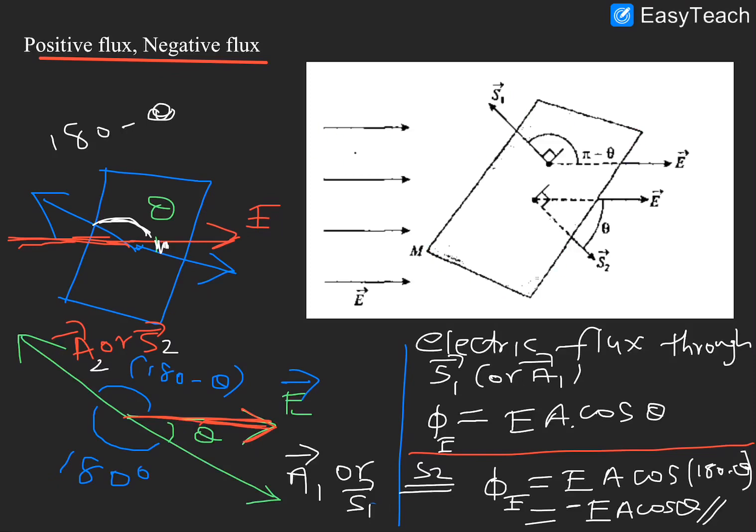Electric field lines are coming from this direction, so they are leaving through this direction. So those field lines which are leaving a surface are taken to be positive flux, and those flux which are coming inside the surface is taken to be negative flux. That is the convention. Fluxes leaving a surface are taken to be positive, and fluxes coming to the surface will be taken to be negative.